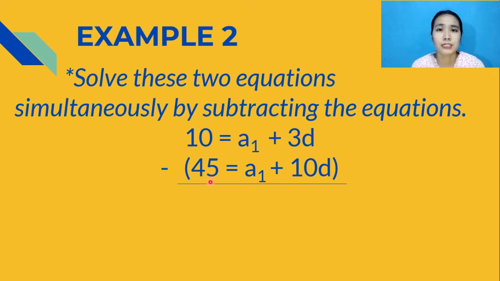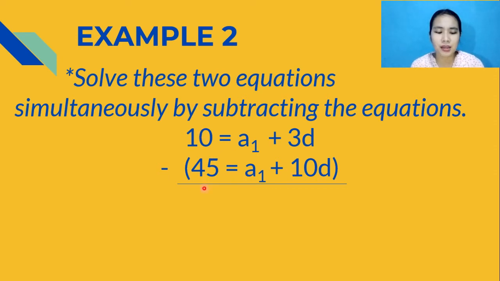We will change the signs. So 45 becomes negative 45, a sub 1 becomes negative a sub 1, and 10d becomes negative 10d. And then from subtraction, we proceed to addition. So 10 plus negative 45, a sub 1 plus negative a sub 1, 3d plus negative 10d.